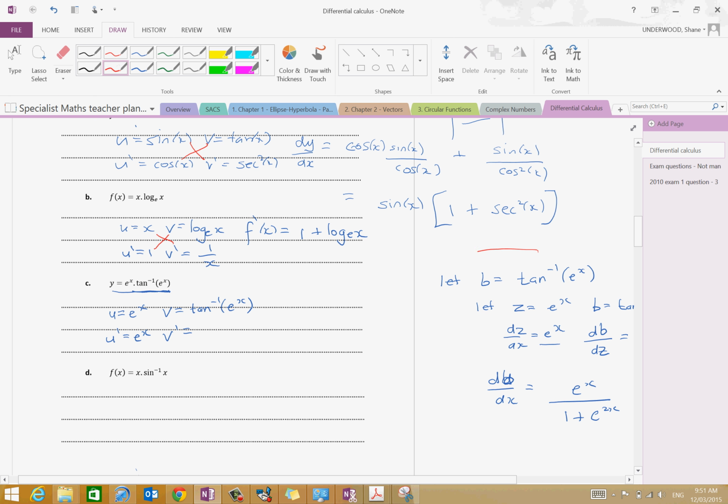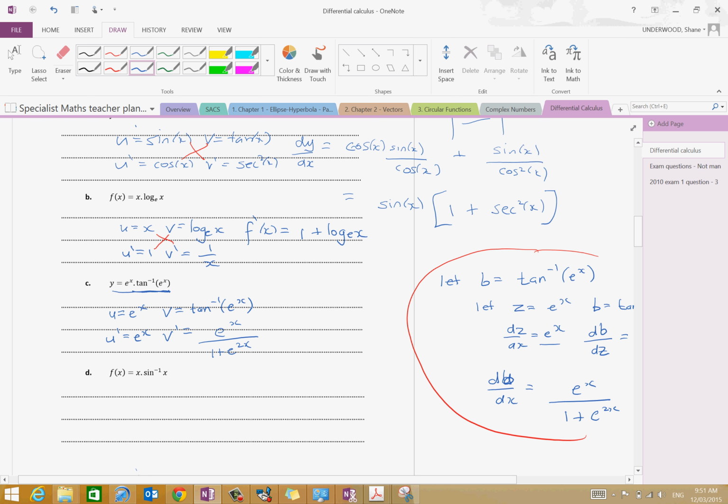Now, this is a bit of an abstract way of doing it, but I've said b is equal to inverse tan, and I've used the chain rule, and I haven't used u and v. So I could do that if I wanted to. If you have your own abstract way of doing it, you could do it. That's the same thing. So v dash is this thing over here, which is e to the x over 1 plus e to the 2x.